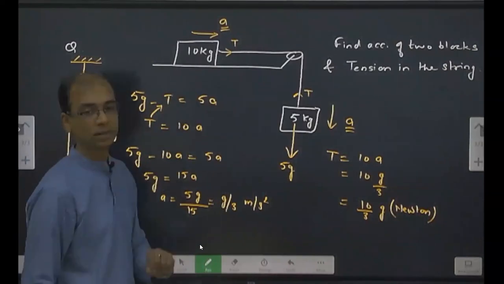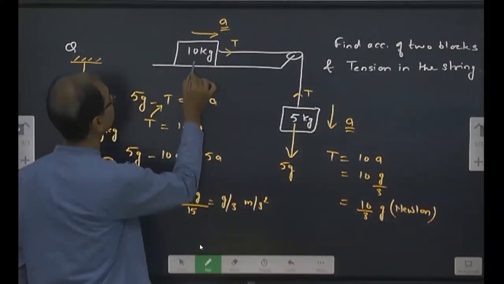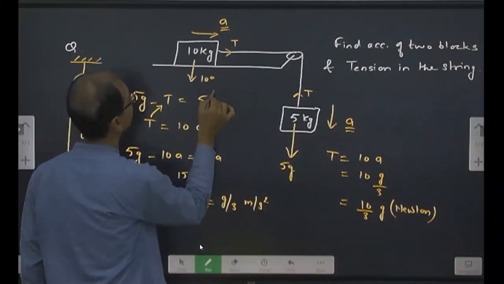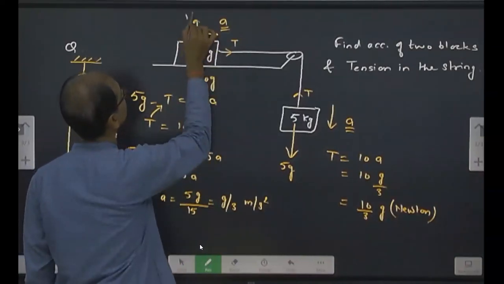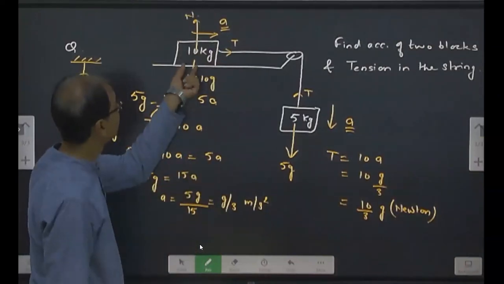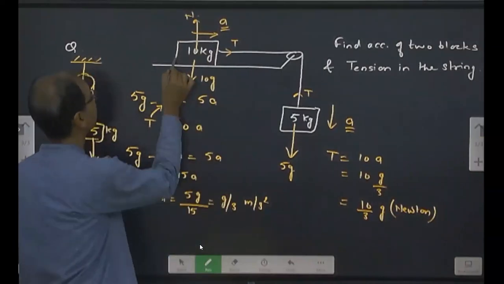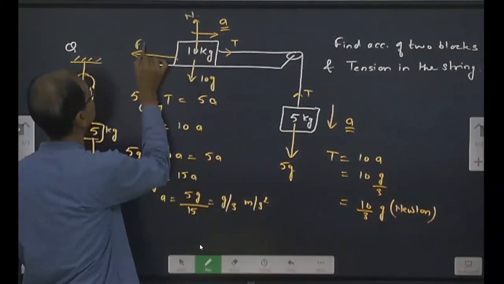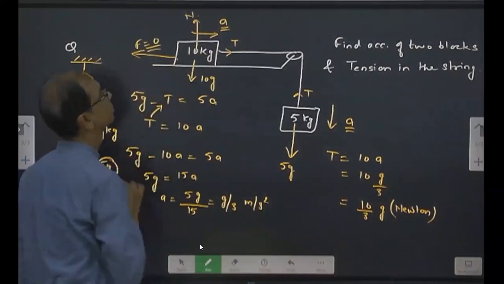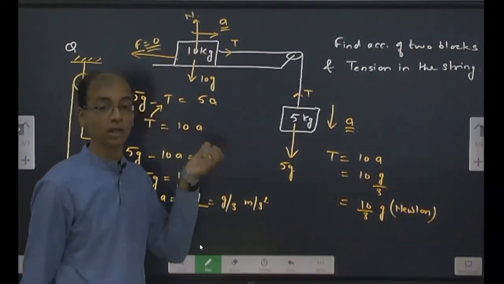But in this case, is weight responsible for the motion? No, because weight is already balanced by a normal contact force. So in this case, there is no force which is opposing the motion. There is no force in this direction. This force is 0. Friction we have not studied yet. Friction will come, then we'll say that, okay, there is friction.